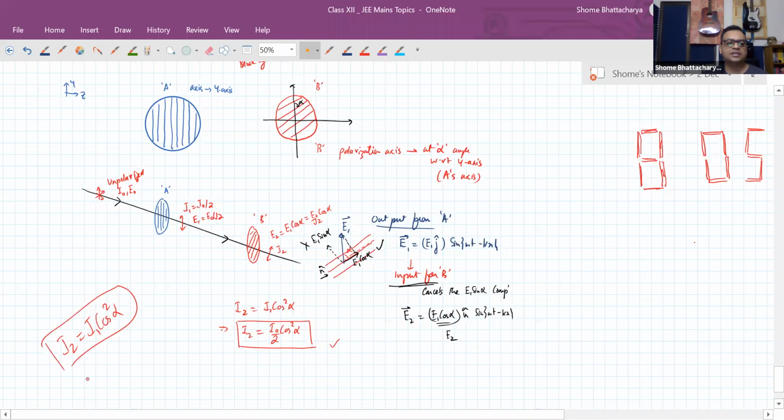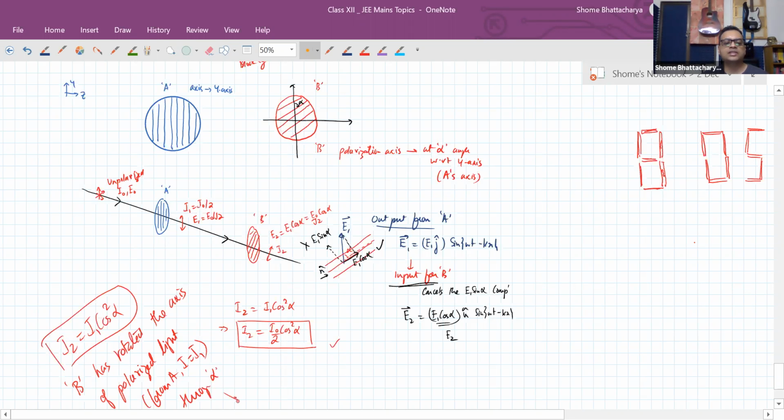What has happened here is that polarizer B has rotated the axis of polarized light from A, of intensity I1, through alpha.